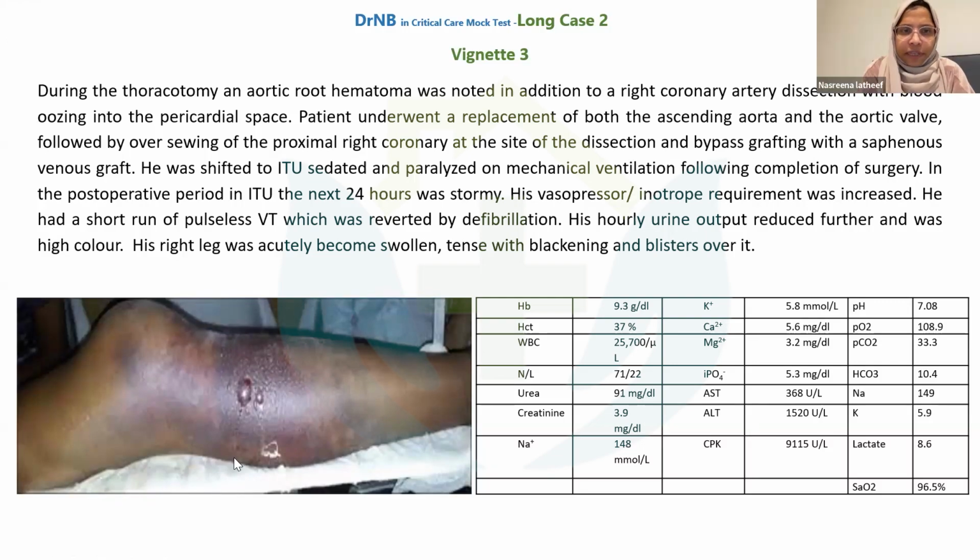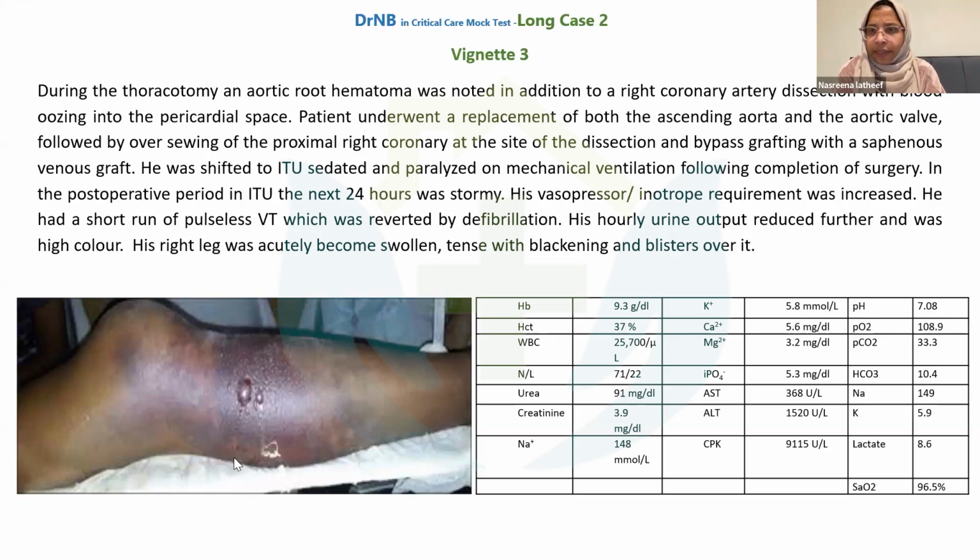Okay, so now the patient has blackish discoloration with blisters of his right leg, suggestive of cellulitis or probable necrotizing fasciitis. The lab parameters are showing leukocytosis with worsening of his acute kidney injury from the previous value, with worsening hyperkalemia, hyperphosphatemia and hypocalcemia, with an elevated CPK level favoring rhabdomyolysis.